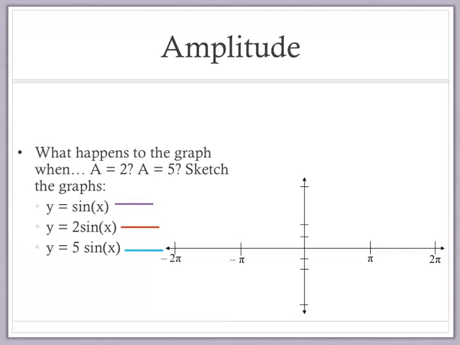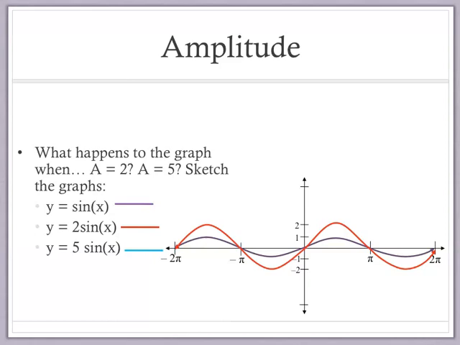Here's your sine of x function, goes up to 1, down to -1. And then next we have y equals 2 times sine of x. Now in this one, instead of going up to 1 and down to -1, it's going to go up to 2 and -2. Now notice that as it goes up to 2 and then down to -2, it still crosses the x-axis in the same place, at pi, at 2 pi, at 0, at -pi, at -2 pi.